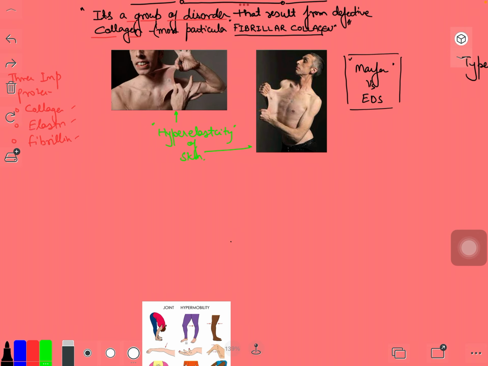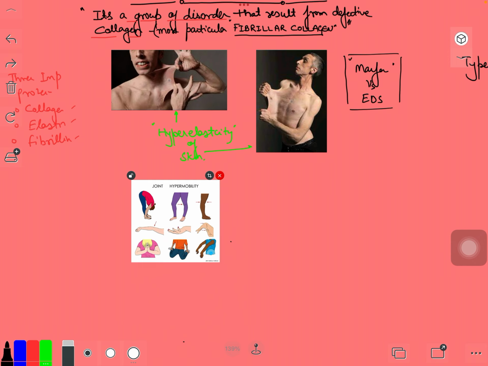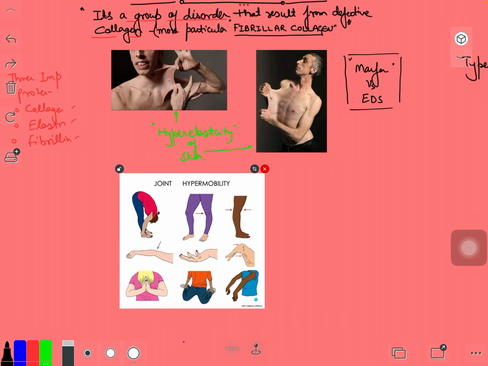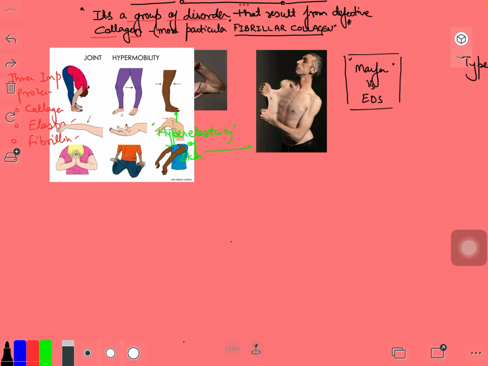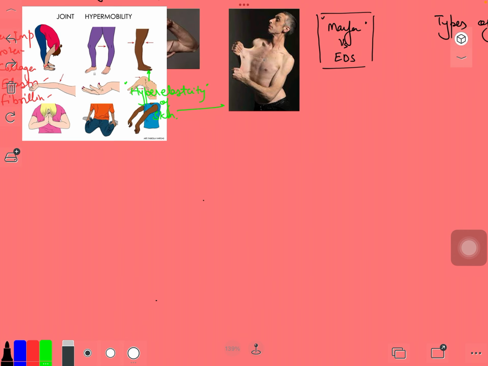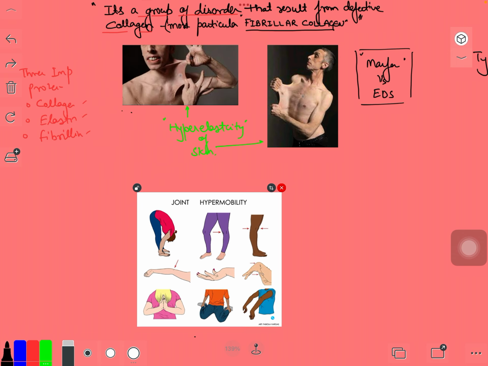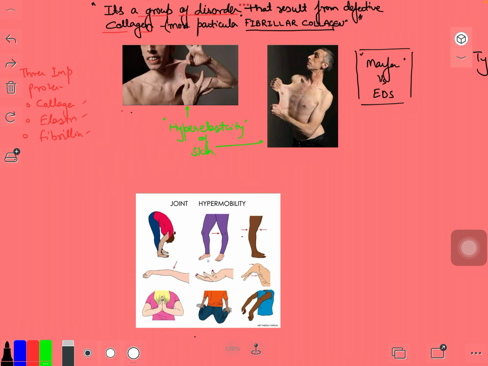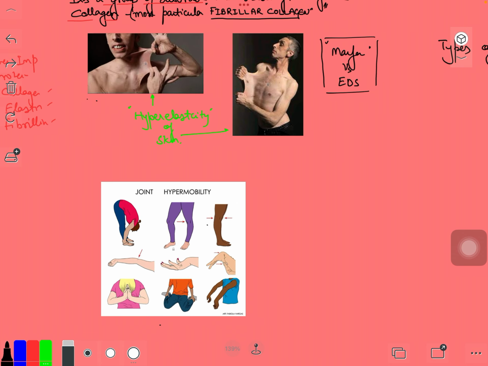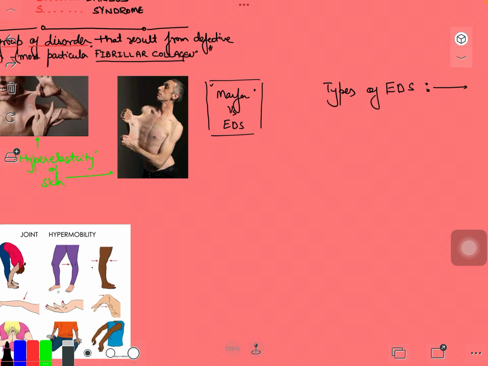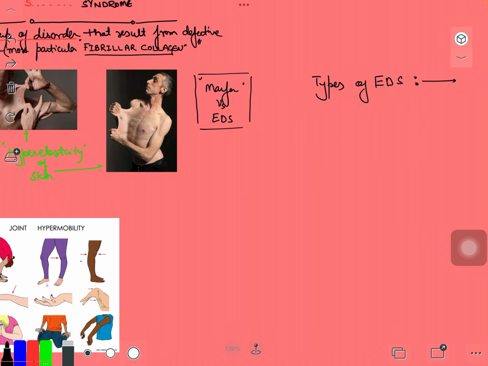Okay, first one was the hyperelasticity of the skin. Second is joint hypermobility, right? At least these two problems are very much common. So whenever we have a patient with us and we suspect that the patient may have EDS, don't focus so much on the types.